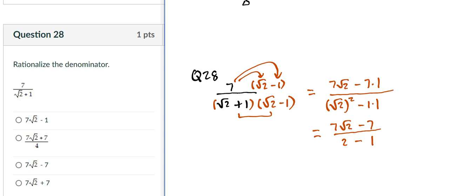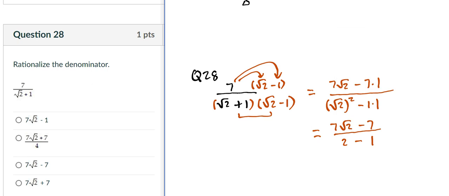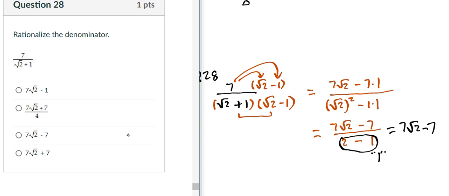Do the subtraction. Everyone knows 2 minus 1 from elementary school, that's 1. 1 on the denominator, you do not have to write. So you only have 7 radical 2 minus 7. Which one is that? That would be the third one, 7 times radical 2 minus 7. So this one equals that. Okay, that would be our last one.